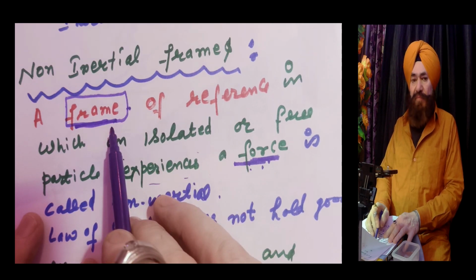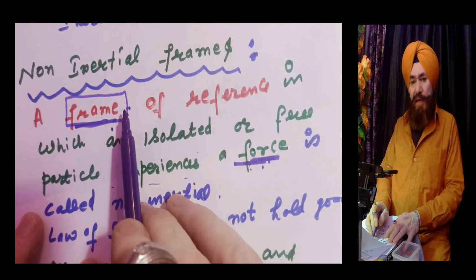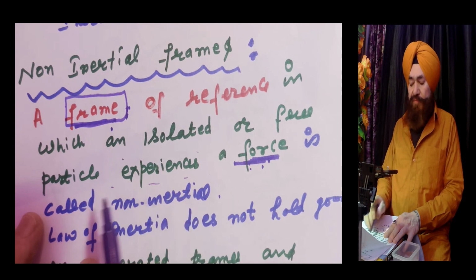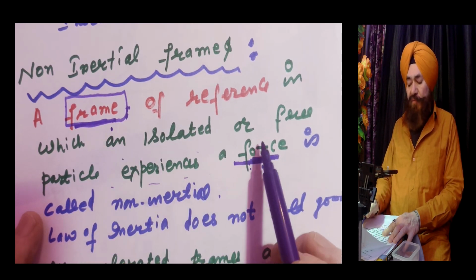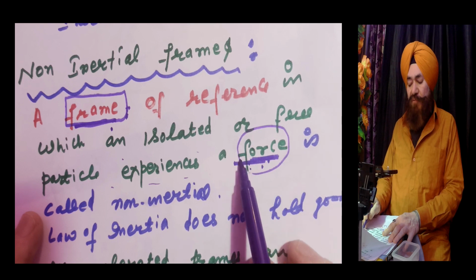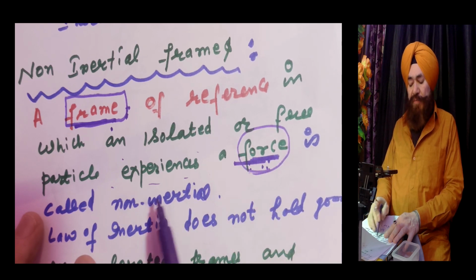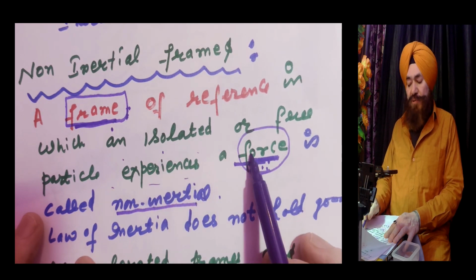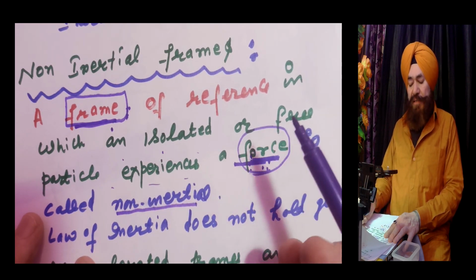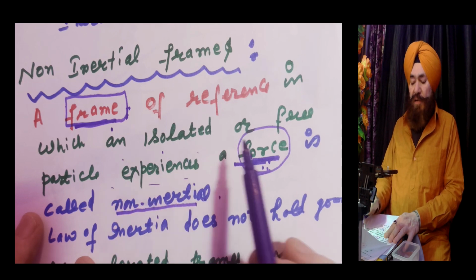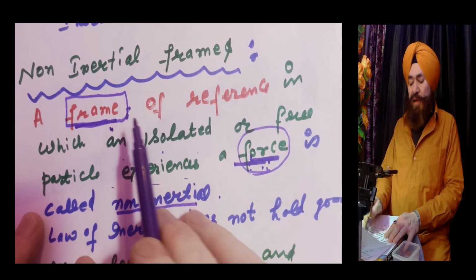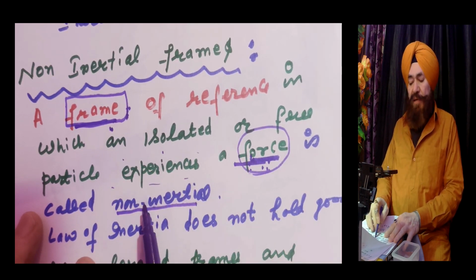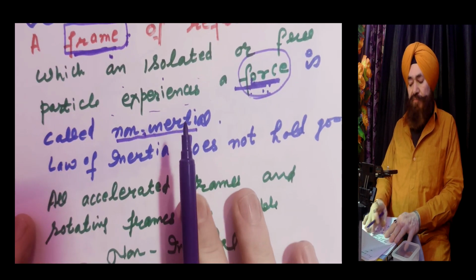That is called a frame. If in a space there is a force, that is non-inertial. If there is a space where there is no force, that is inertial.